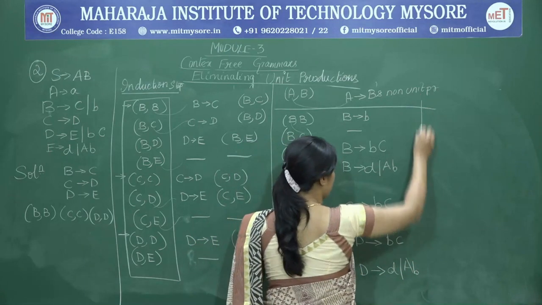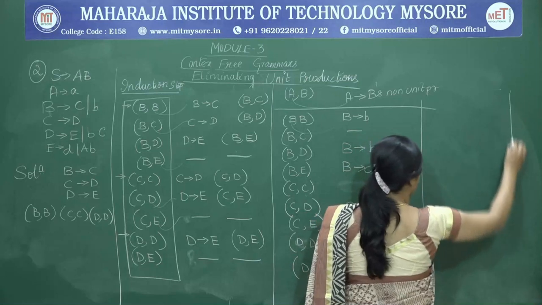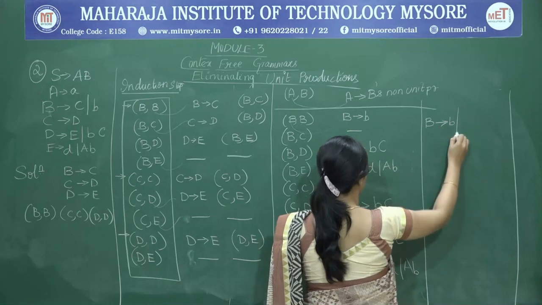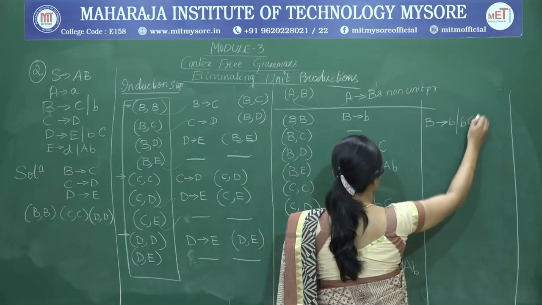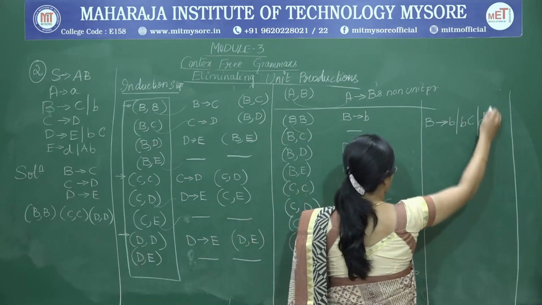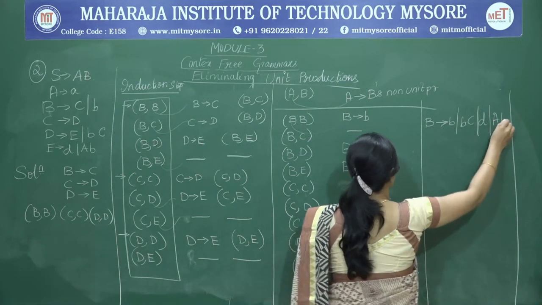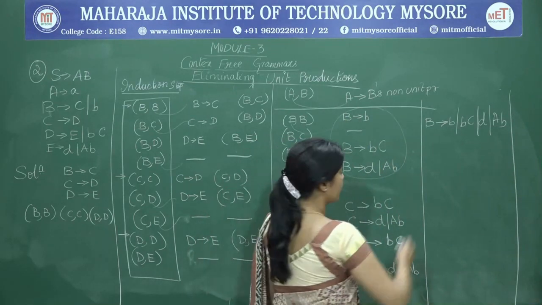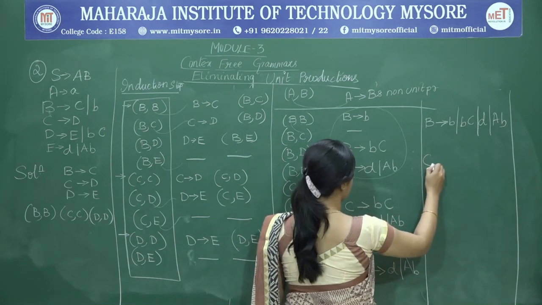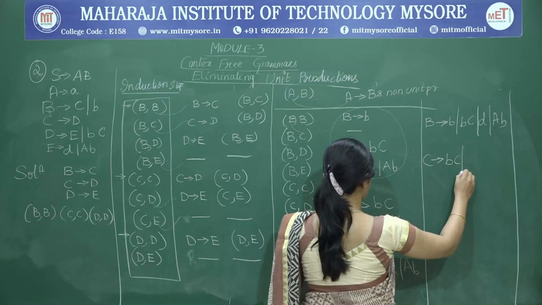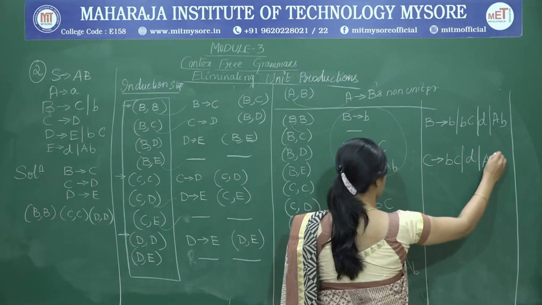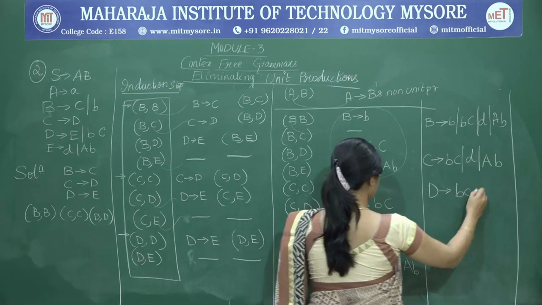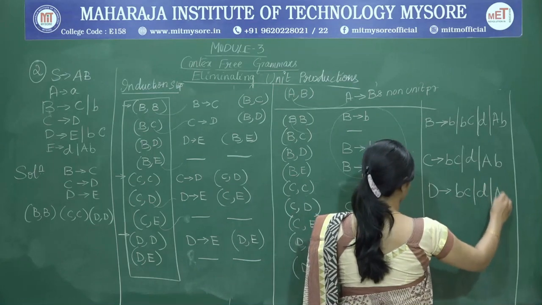So we will write the productions here. These are the grammar rules. B goes to b or BC or D or AB. Here we can see that everything is a substitution for a single variable, so we have written it in a single line. Then C goes to BC or D or AB. D goes to BC or D or AB.